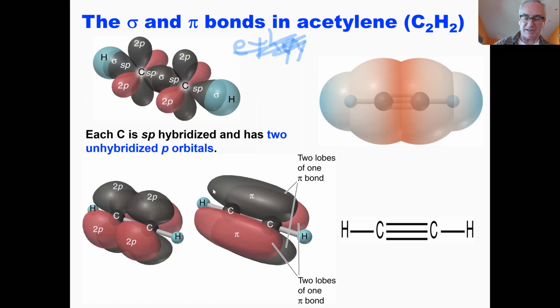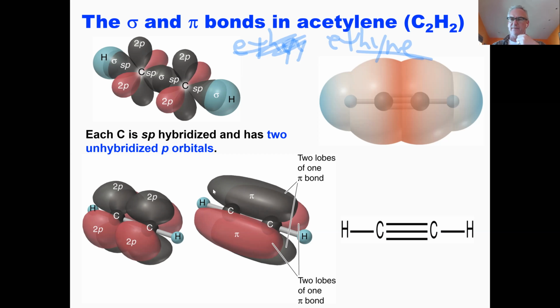Oh man, I can't spell this morning. There we go. Yne means a triple bond somewhere. And so since we've only got two carbons, eth means two carbons. It means there's a triple bond in between them.